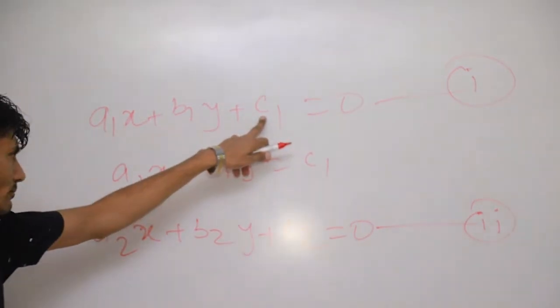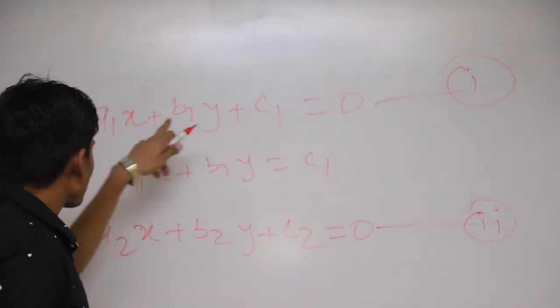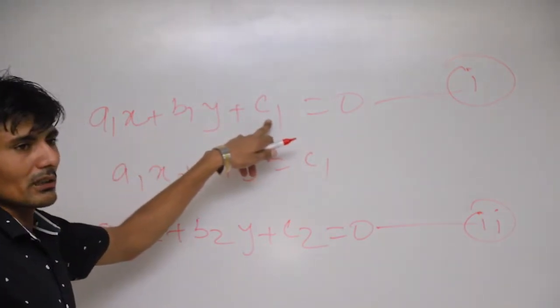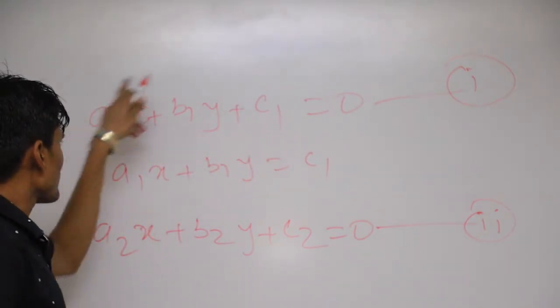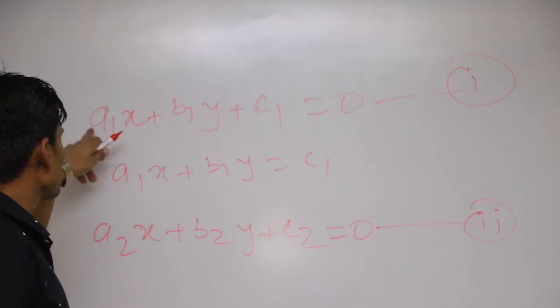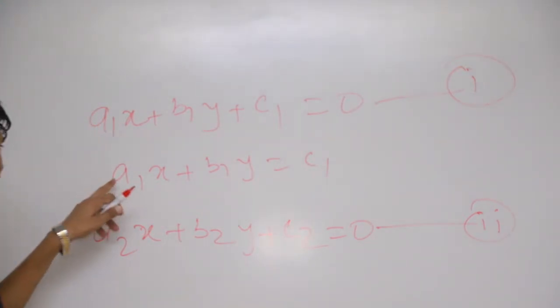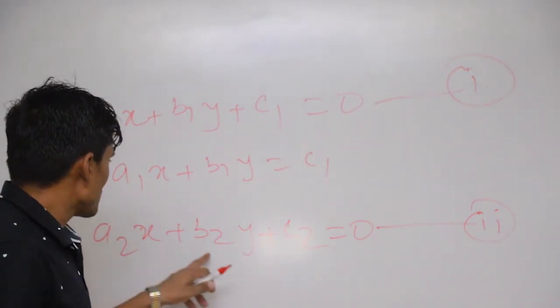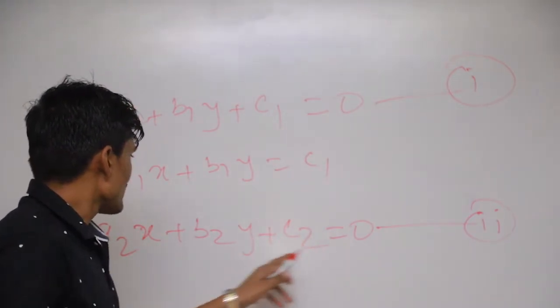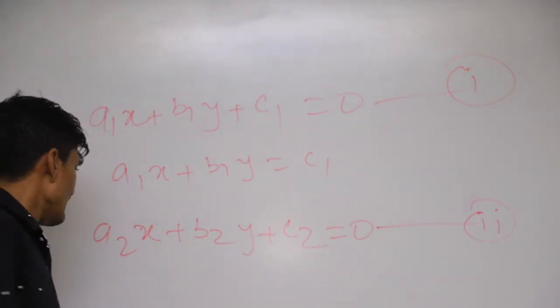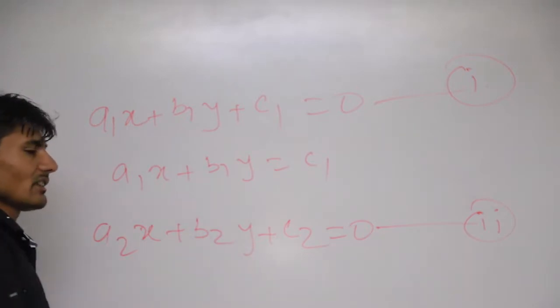That means in this equation a1, b1 and c1 are constant terms, numerical values, and a2, b2 and c2 are also constant terms, and x and y are the variables.